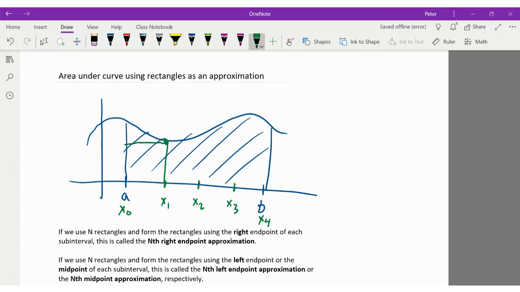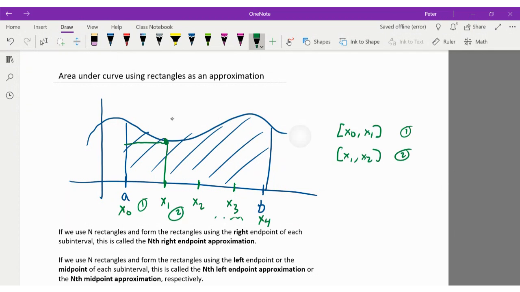So you see, in order to define 4 subintervals, it actually takes 5 points. And I can call the subintervals x0, x1. That's subinterval 1. x1, x2 is subinterval 2, and so on. So those are the names of the subintervals.